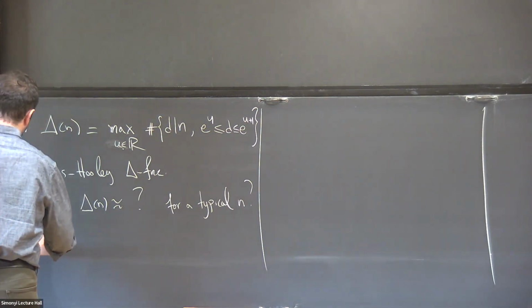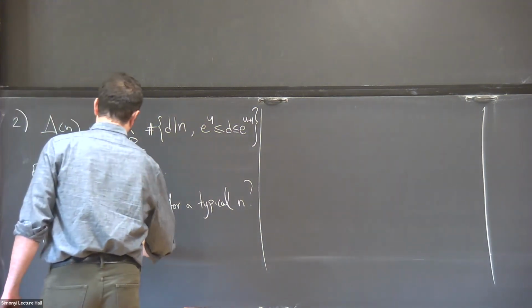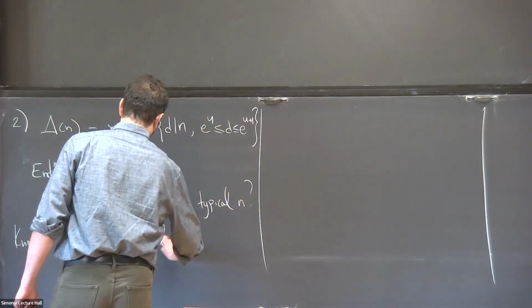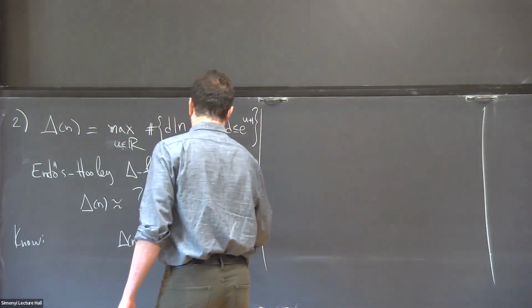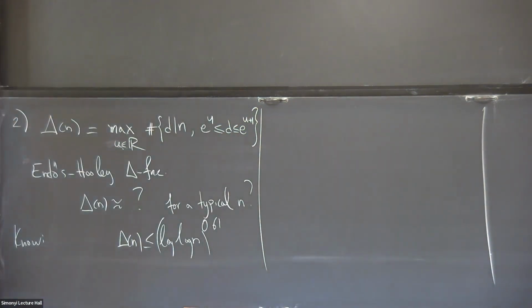So what we know is that delta of n is bounded above by (log log n) to some weird constant, 0.61 something, I think.